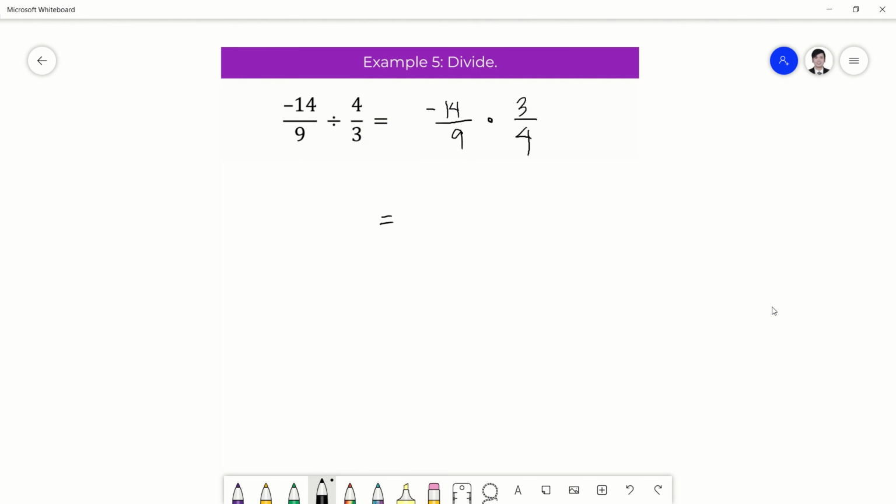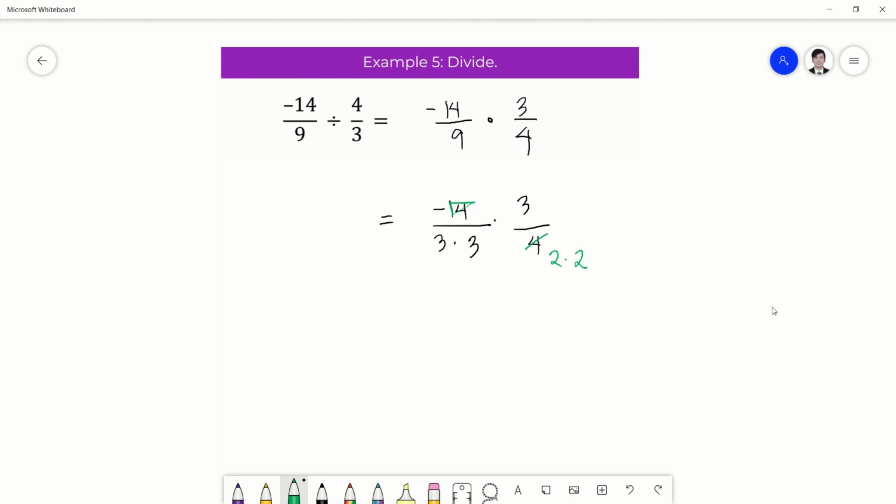Okay. Looking at it, you can write 9 as 3 times 3. And by the way, I forgot to consider it, but 4 can be written as 2 times 2. So we rewrite 4 as 2 times 2.